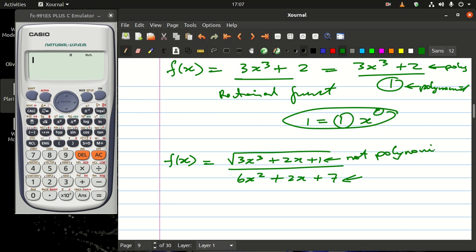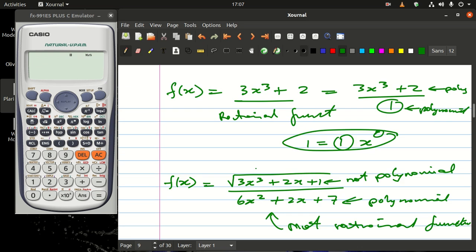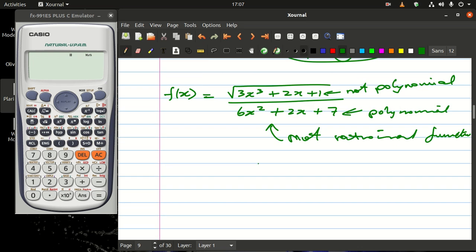And the denominator is a polynomial, fine. Because it's not a polynomial divided by a polynomial, this function is not a rational function, because it has a root. A rational function is a polynomial divided by a polynomial. As long as we have a root, it is not a rational function.